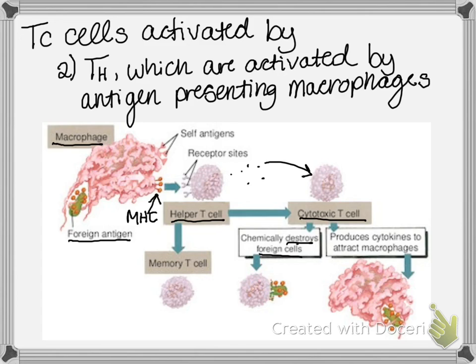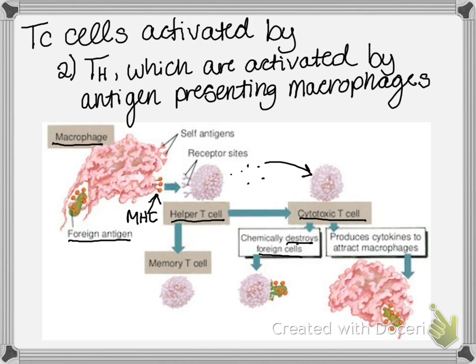So this process where the helper T cell is actually recruiting cytotoxic T cell, because the macrophage in fact recruited those helper T cells, that's actually a pretty fast process. The cell knows exactly what it's looking for.